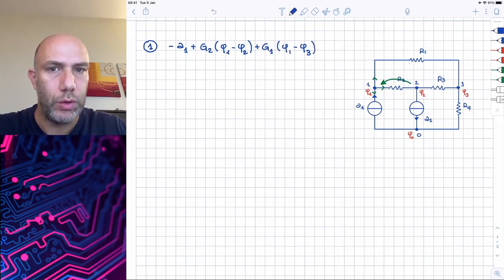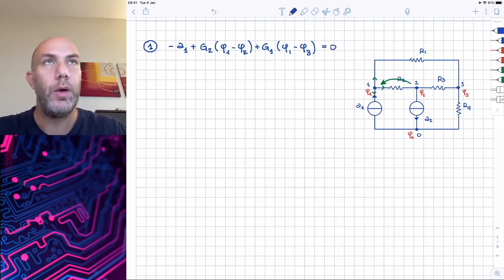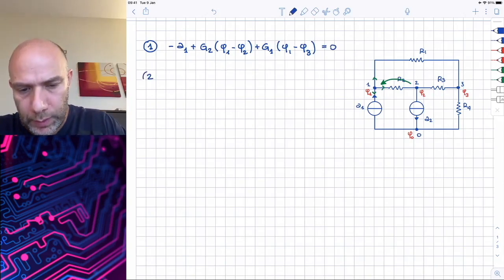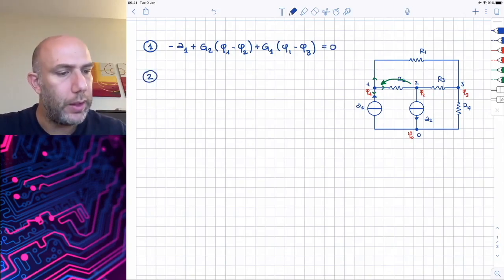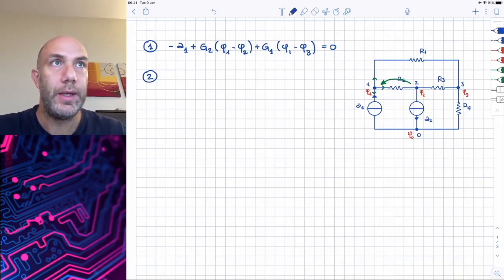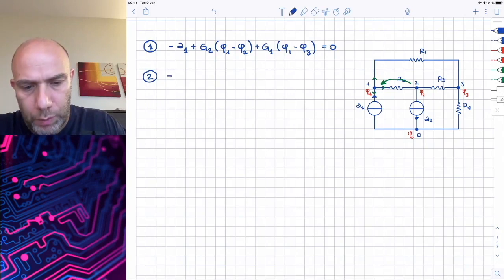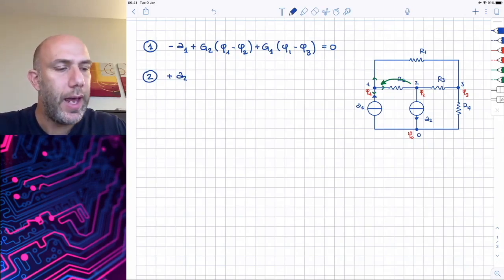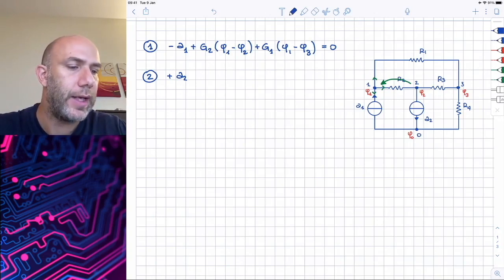And to conclude Kirchhoff current law, this sum equals 0. We can apply the similar approach to node 2. In node 2, we have the current of the current generator that is flowing outside, so plus A2. Then we have the currents that are flowing through R2 and R3.